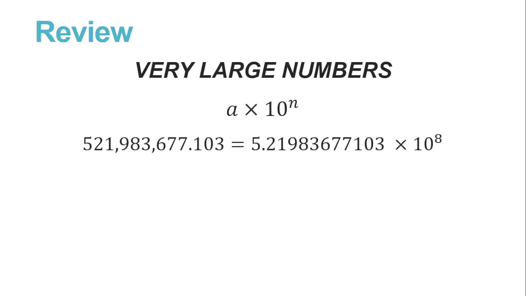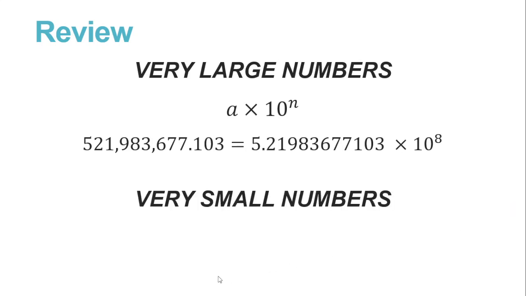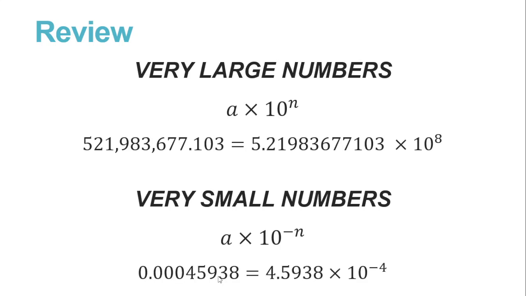So it's not just large numbers, it can also work with very small numbers, but this time it's going to be on the negative end. For example, we move this to make a whole number: 1, 2, 3, 4. Since we moved 4 times to the right, it will become -4, and we just copy what we have.